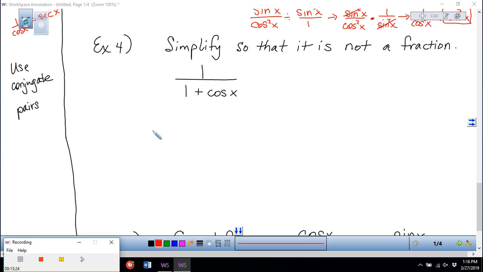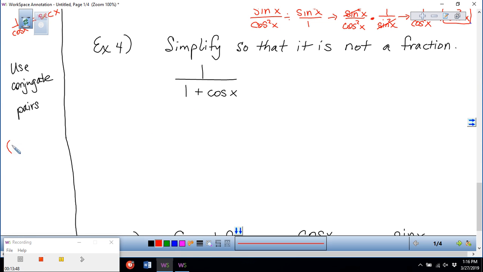Example 4 simplifies so that our expression is not a fraction. So what we're going to do is we're going to use conjugate pairs. Now a conjugate pair is when you have a quantity and the conjugate of that is going to change the sign of the quantity.